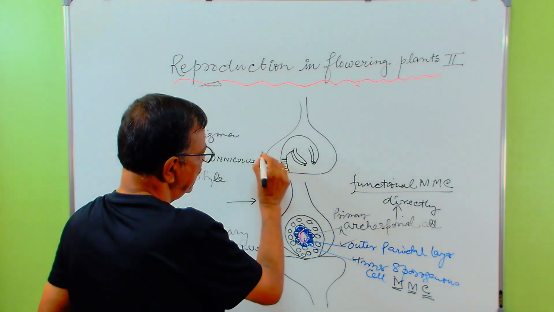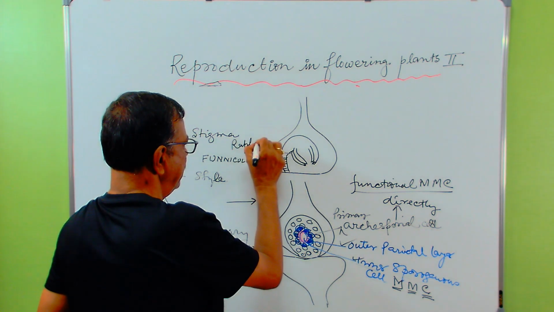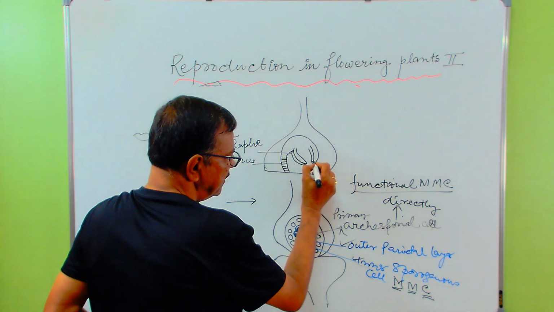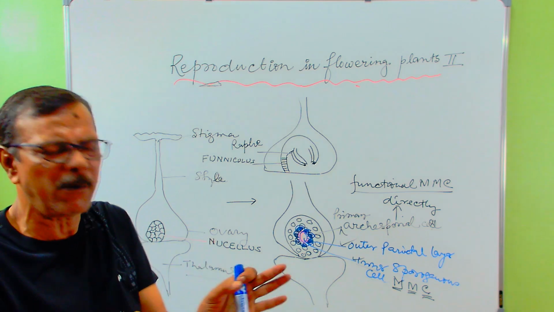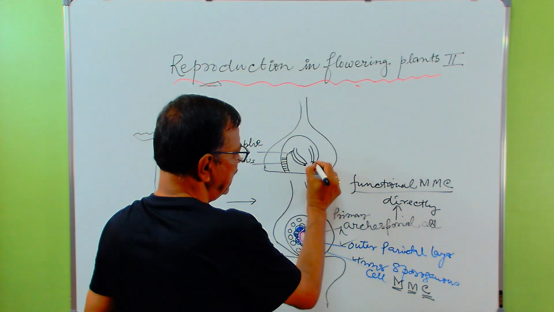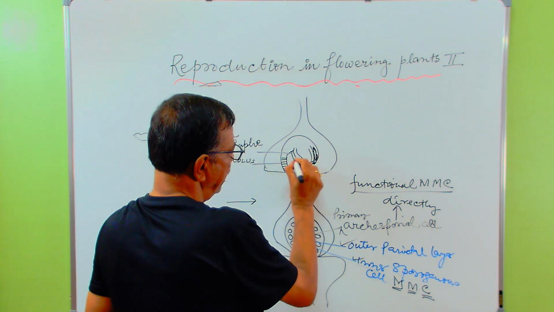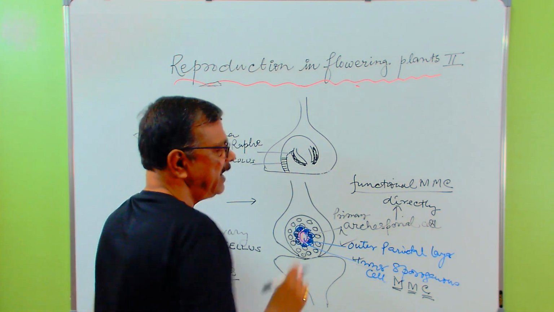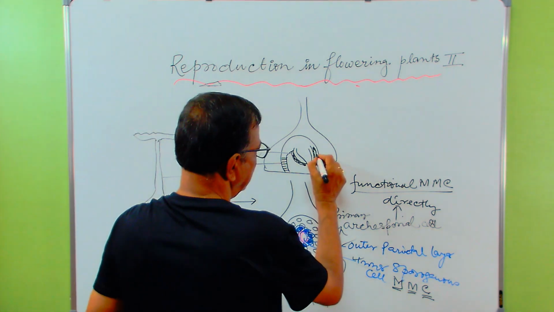This place is known as the raphe. And these are called the integuments. Integuments, that is covering. This is the outer integument, and this one is the inner integument.